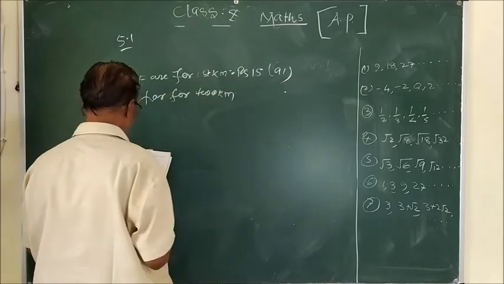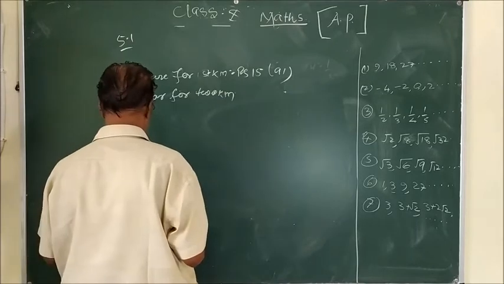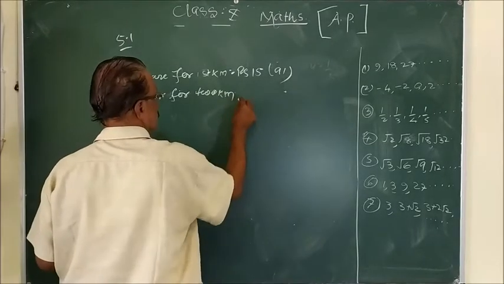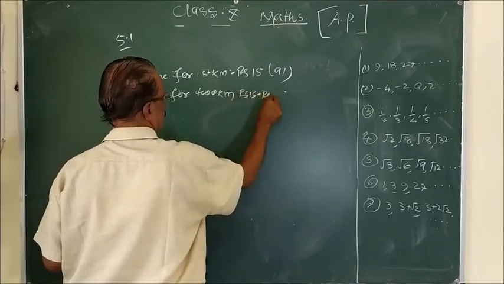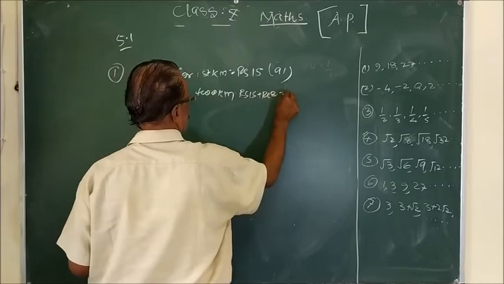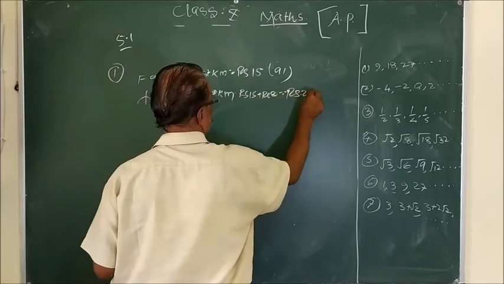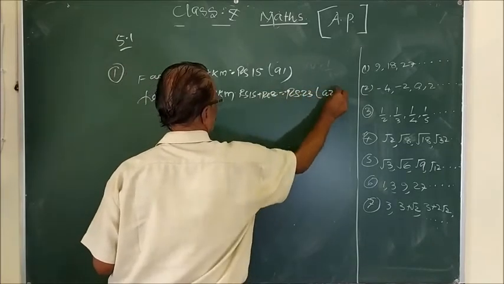इसमें कहता है 8 किलोमीटर एडिशनल है, तो ये हो जाएगा rupees 15 plus 8, rupees 23. This is the second term.